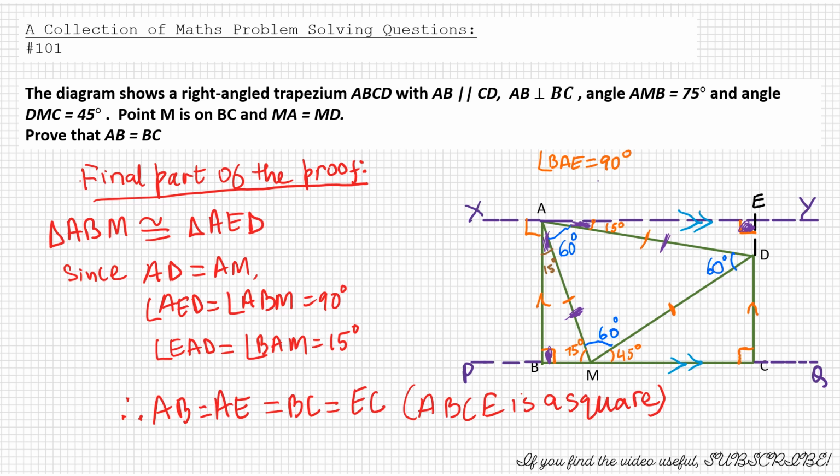So AB equals AE equals BC equals EC. So ABCE is a square because all sides are equal. That concludes our proof, because then AB equals BC, and we have proved it.